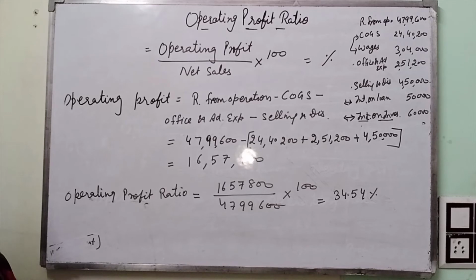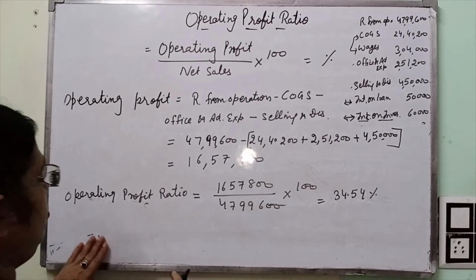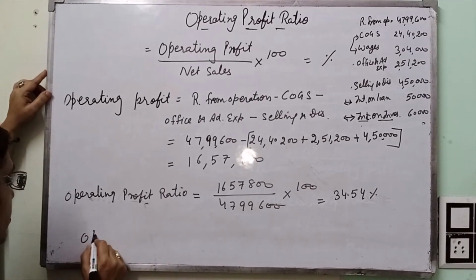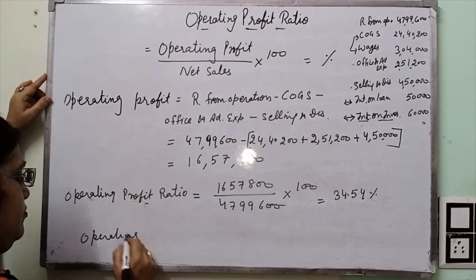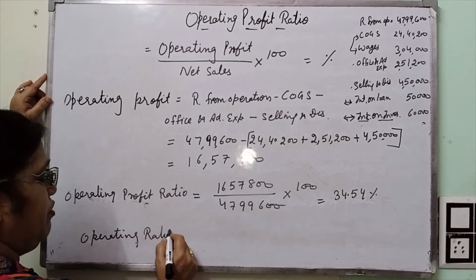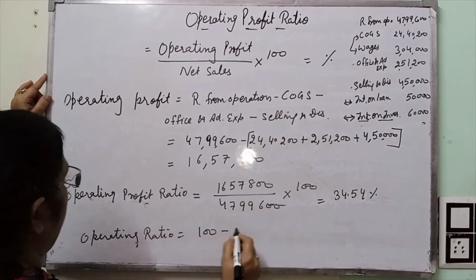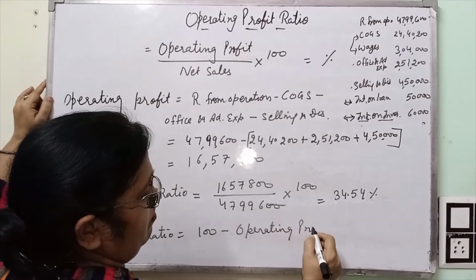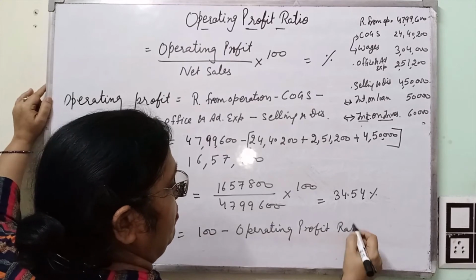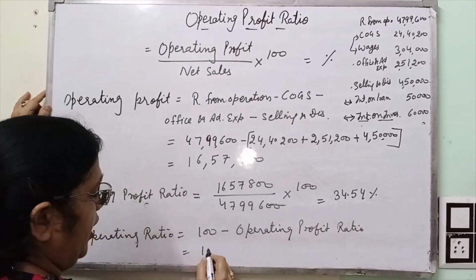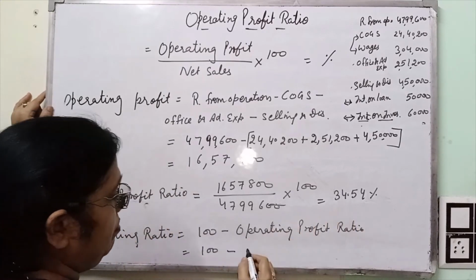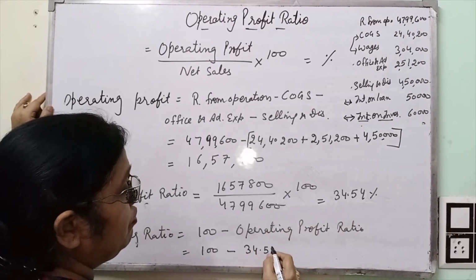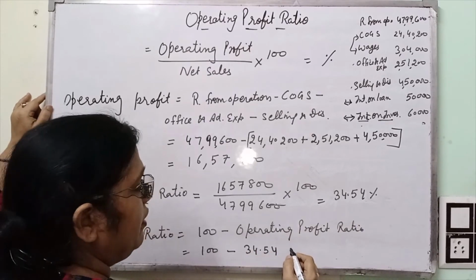So if I told you to calculate operating ratio, are you able to calculate operating ratio? Operating ratio will be equal to 100 minus operating profit ratio. Operating profit ratio we have calculated 34.54.